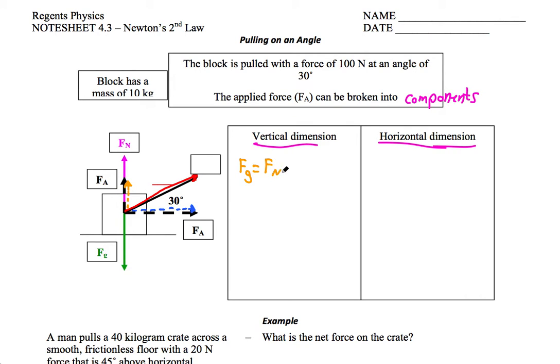There's a normal force going up because it's on a surface, and there's also a piece of my applied force, on an angle, going upwards. So we've got that the force due to gravity equals the normal force plus the y component of the applied force.